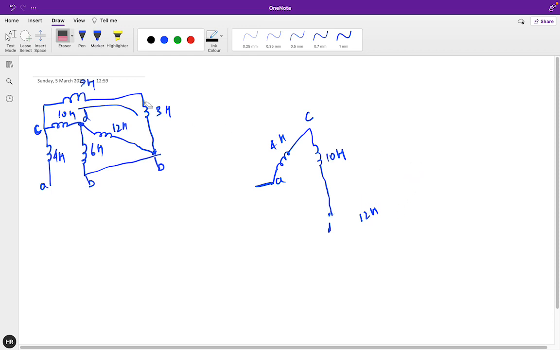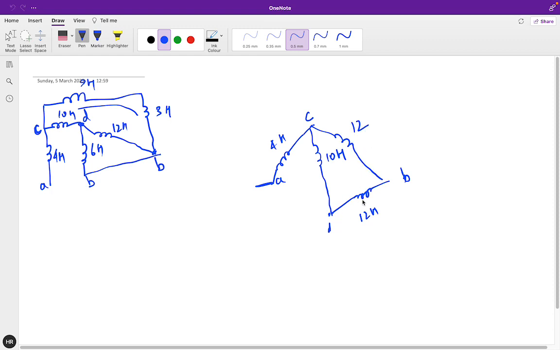So from D to B it's 12 ohm, and from C to B it's 9 plus 3, 12 ohm.